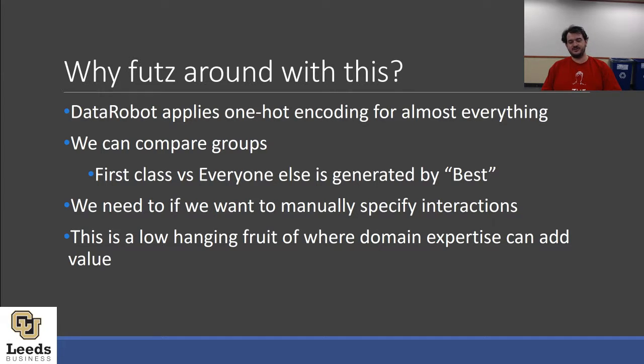So, first class versus everyone else. It allows you to manually specify what interactions matter so that you're only looking at ones that you think have a real-world reason to matter instead of just trying all of them and hoping for the best.